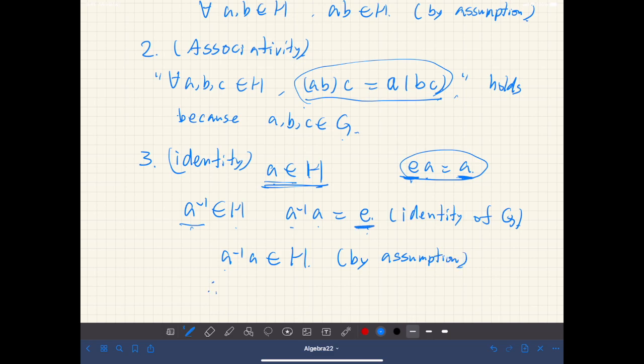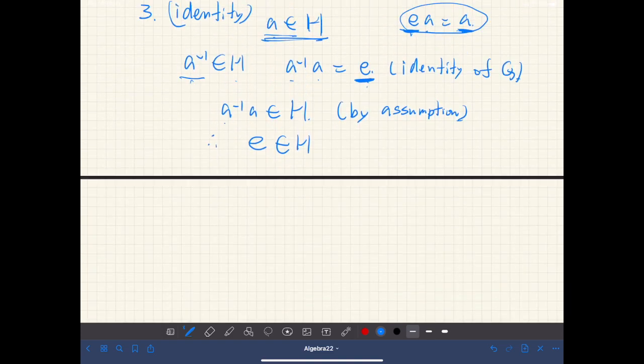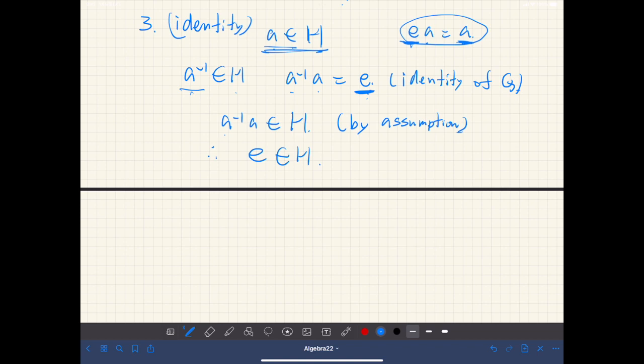Therefore, the result, which is E, is an element of H. Therefore, the identity element is indeed in H.